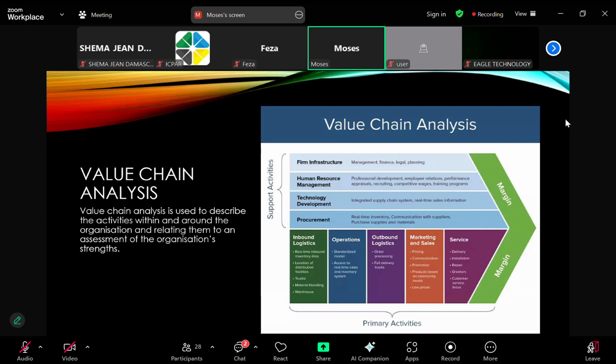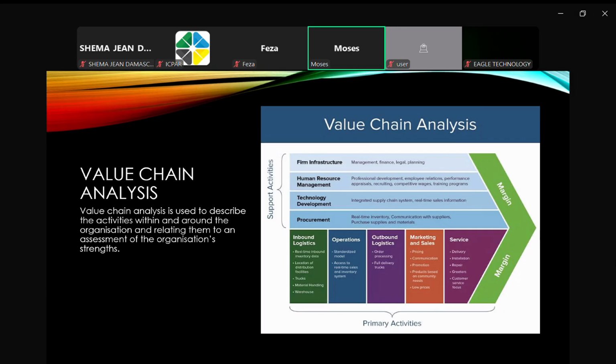Okay, let's talk about the value chain. Value chain is another framework. It's another model that is supposed to help companies conduct an assessment, an understanding of the various activities that happen within the company and whether those activities add value, or they suck value out of a business or they destroy value out of a business.